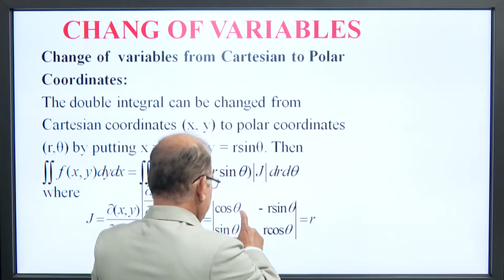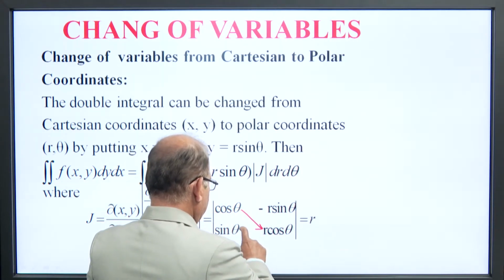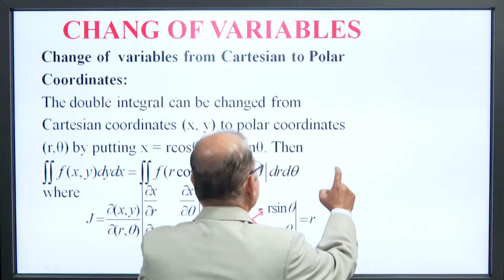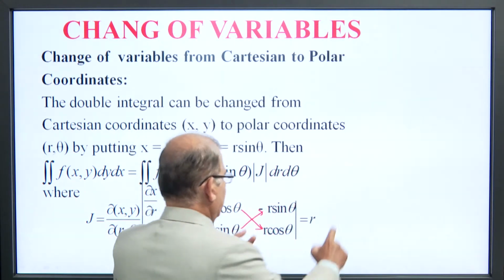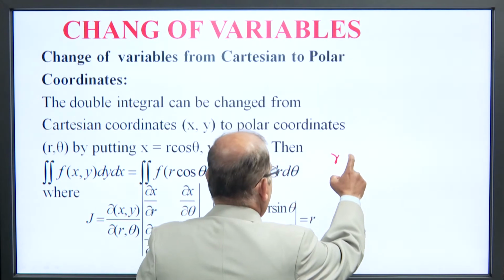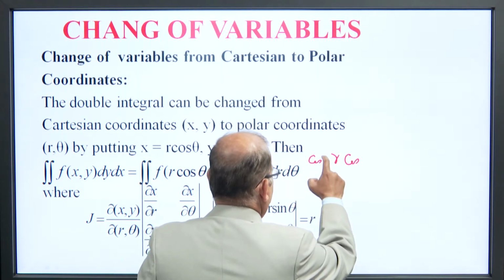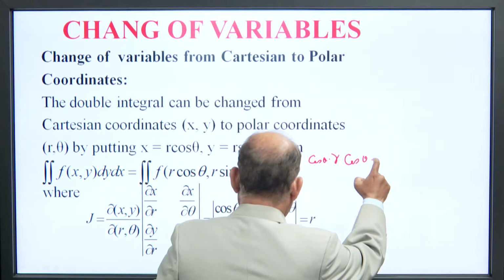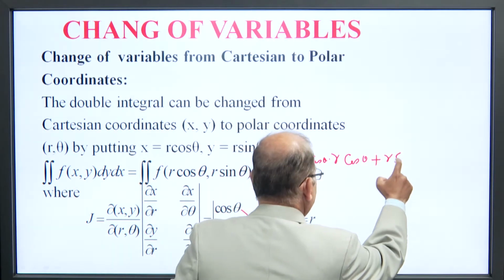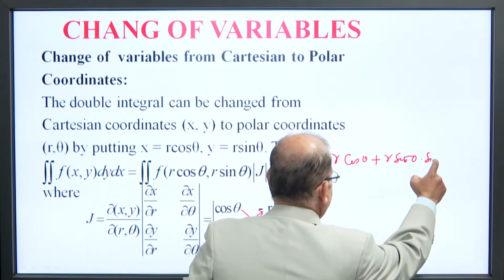Now, how do you find the value of the determinant? It is this into this minus this into this, that is, cos theta into r cos theta minus minus r sin theta into sin theta.